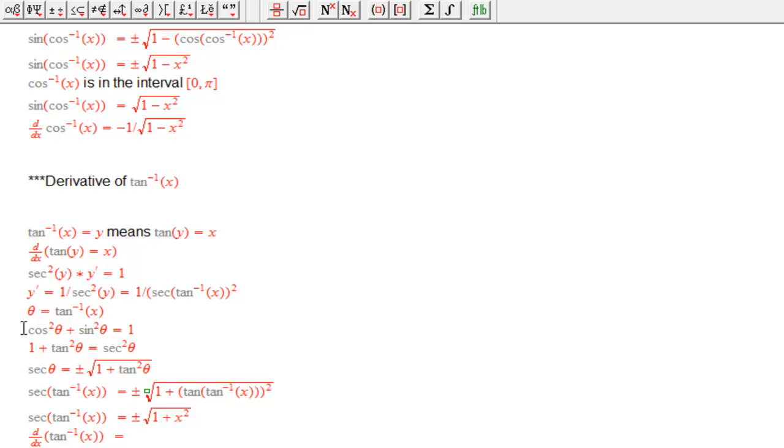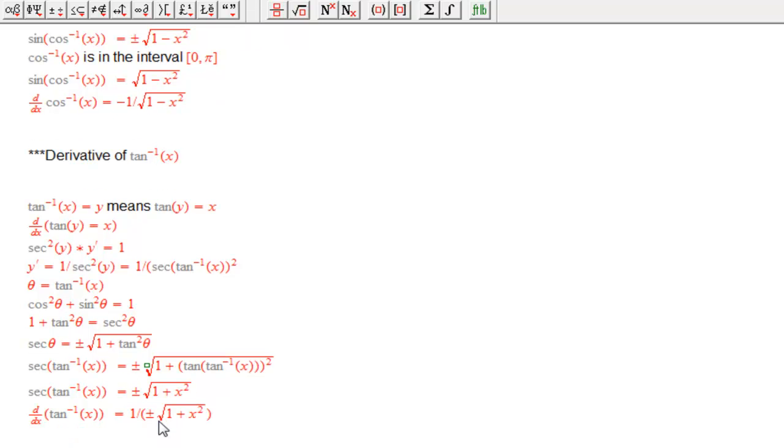That's y prime. That's equal to 1 divided by secant of inverse tangent of x squared. So in other words, we have this expression squared.